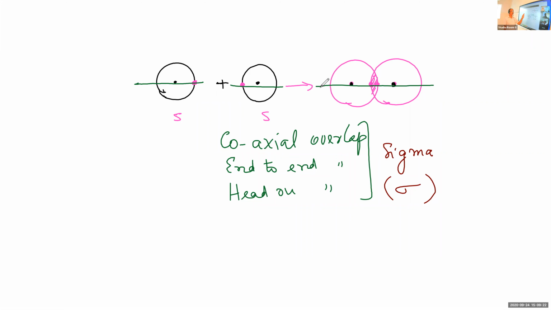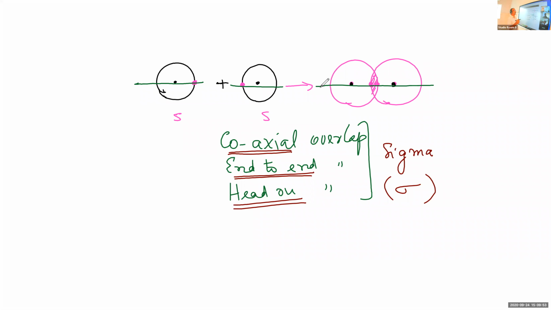Here we have the s-s overlapping. When two s orbitals overlap, there is always coaxial overlapping. And the bond formed by coaxial overlapping or end-to-end overlapping or head-on overlapping of the orbitals is called a sigma bond.